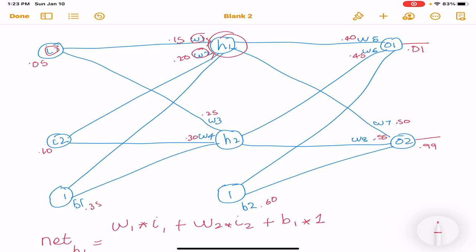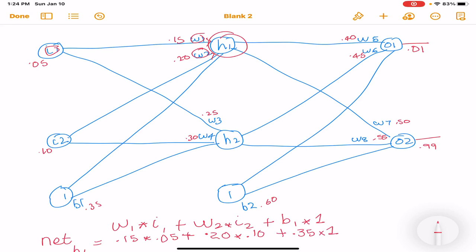So when I substitute these values, W1 is 0.15 into I1, which is 0.05, plus W2, which is 0.20, into I2, which is 0.10, plus B1, which is 0.35, into 1.